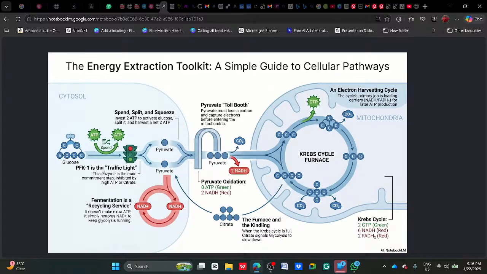Now, the second alternative, apart from fermentation, is when the pyruvate is going to undergo several other oxidative reactions that involve oxygen.